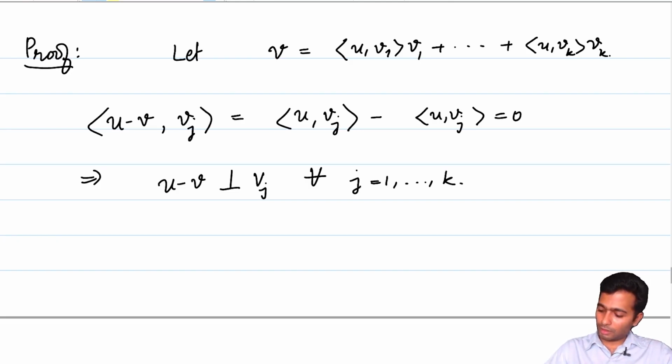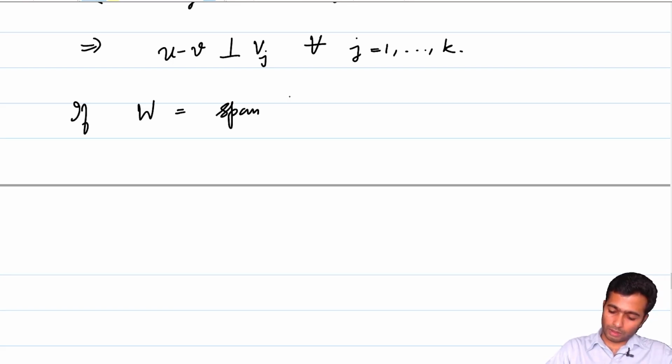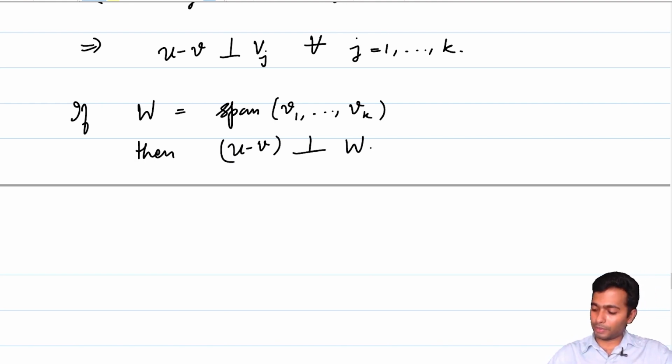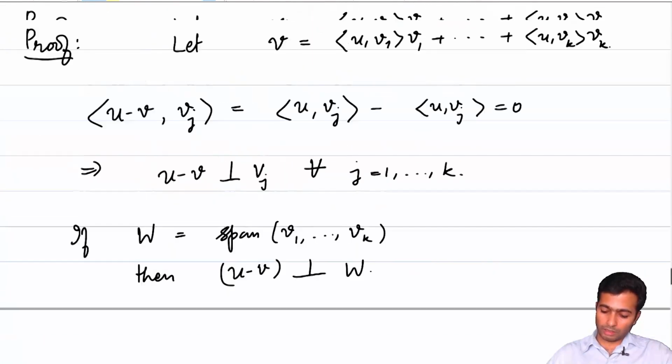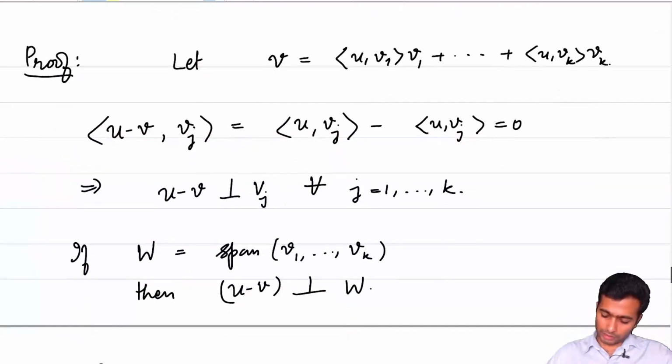That means if W is equal to the span of v1 to vk, then u minus v is orthogonal to W. In particular, let me call u minus v as something.